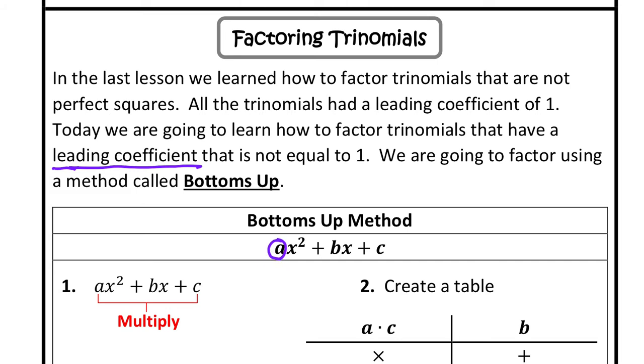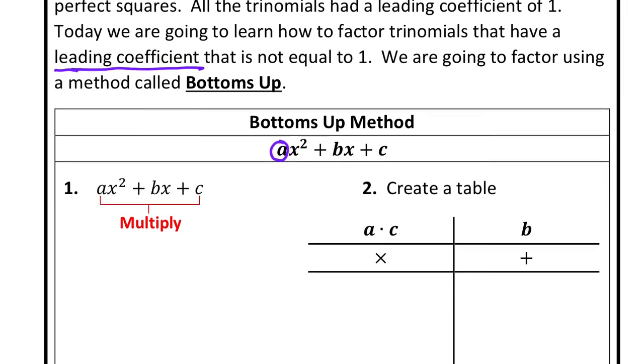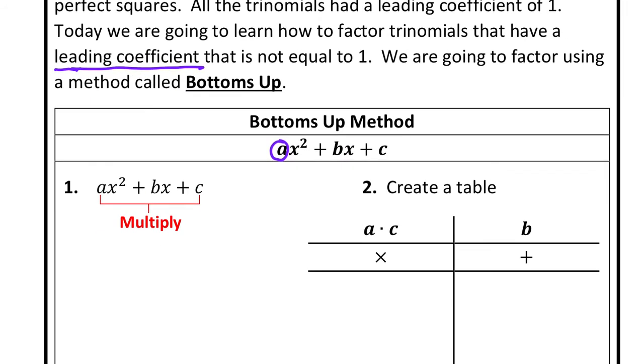And in the bottoms up method, it says that first we need to multiply the leading term and the last term. So we're multiplying A times C, and we're going to write that multiplication in the table. I usually write it up here.